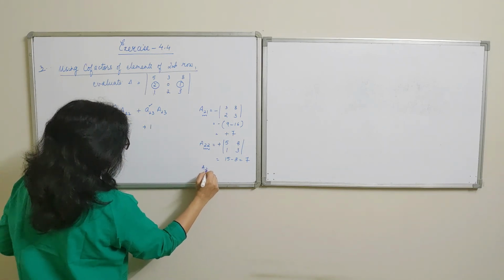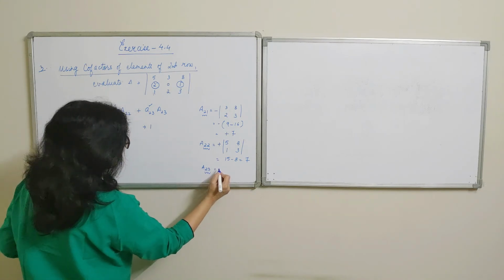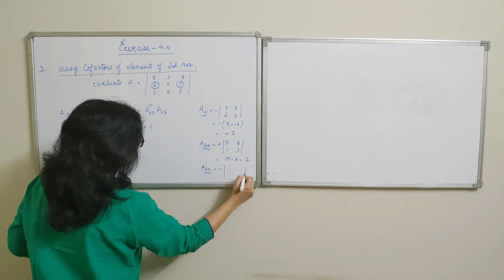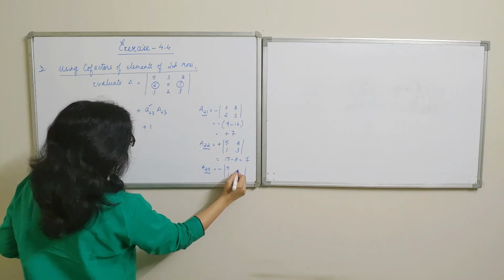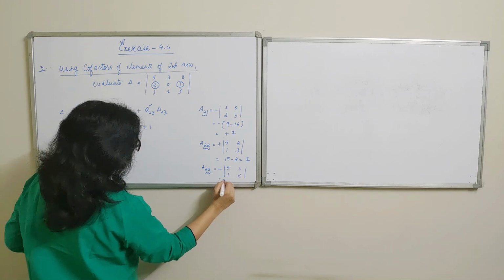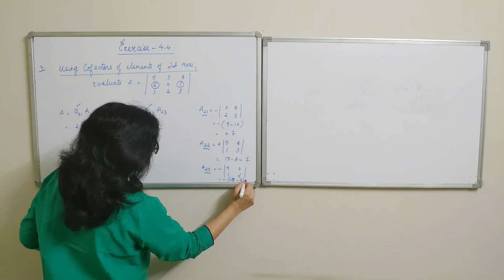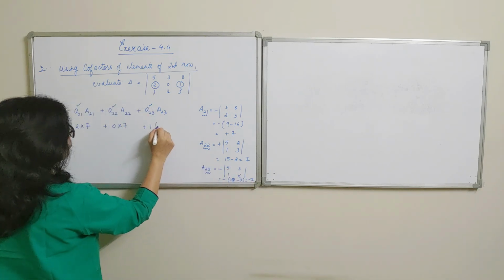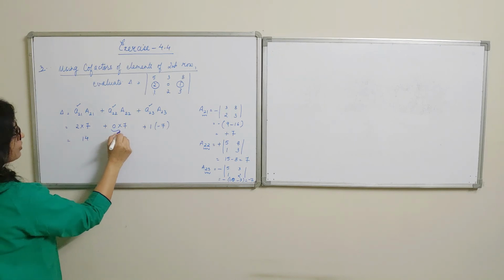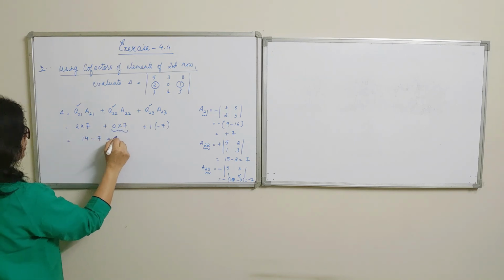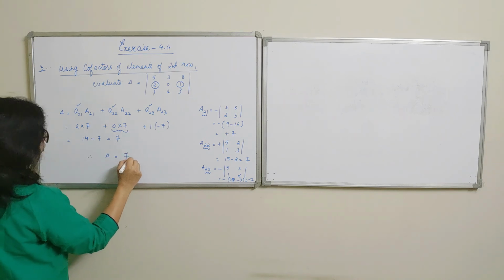Now A23, the sum of subscripts is odd, so negative sign. Deleting second row and third column, we have 5, 1, 3, 2, which gives us minus of 10 minus 3, which is minus 7. So here is minus 7. Now multiply: 14, this value is 0, minus 7, equal to 7. So we know the value of the determinant is positive 7.